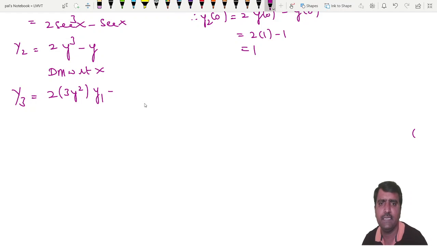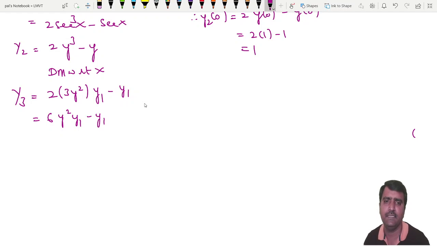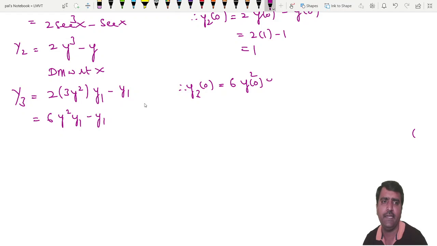So 3 2s are 6 y square into y1 minus y1. From this you find y3 of 0, which is equal to 6 into y of 0 square into y1 of 0 minus y1 of 0. Both terms consist of y1 of 0, and the value of y1 of 0 is 0, so y3 of 0 is completely 0.